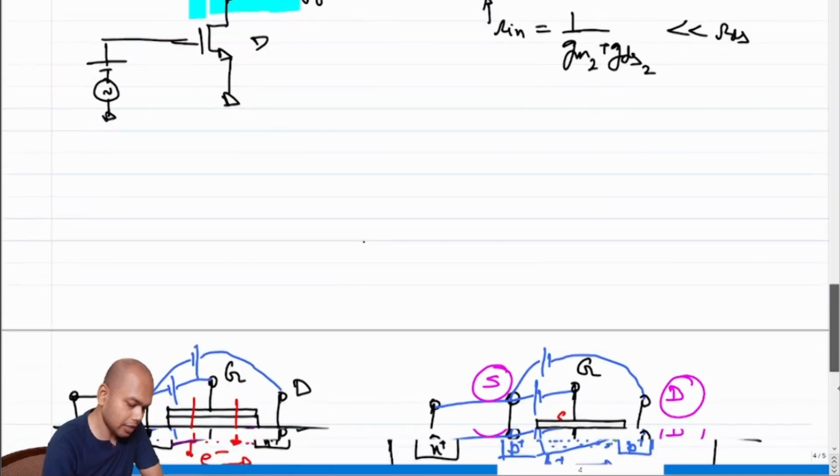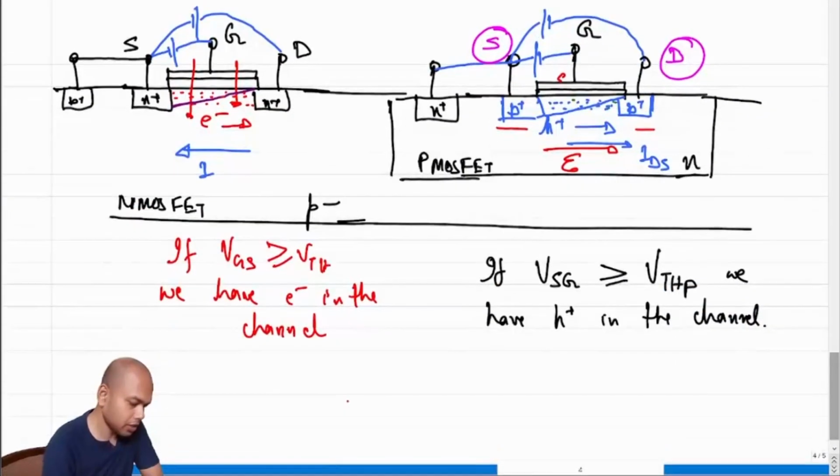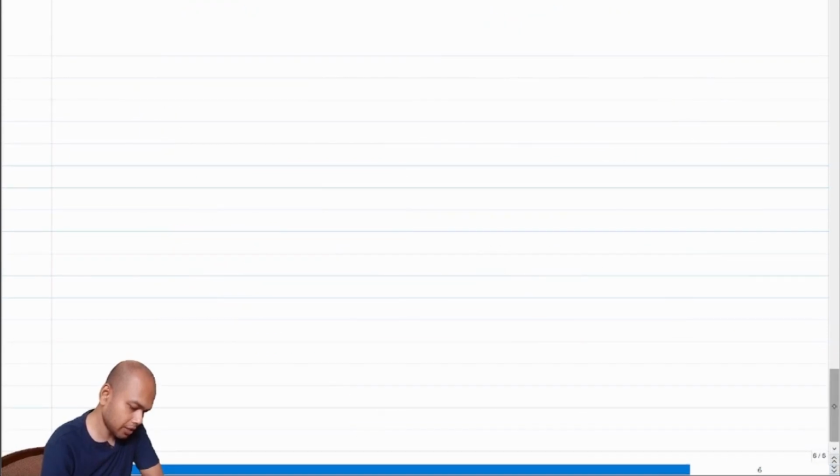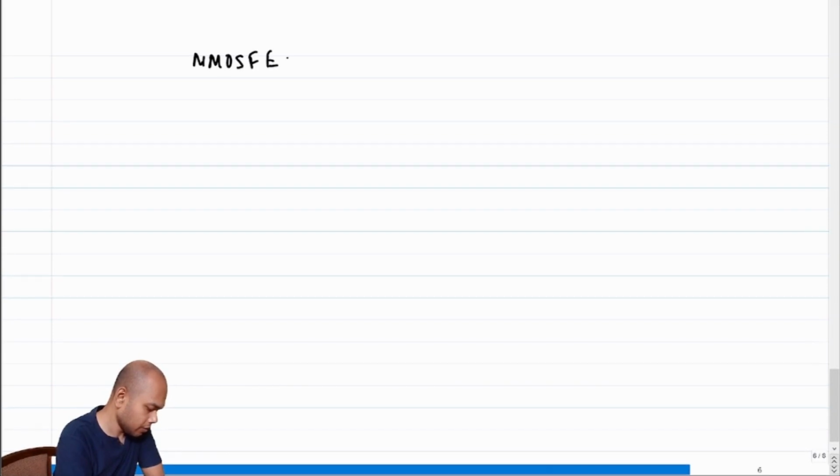However, note that in this new device, the higher potential terminal is the source terminal, right? So let's make the distinction. This is N MOSFET, this is p MOSFET.